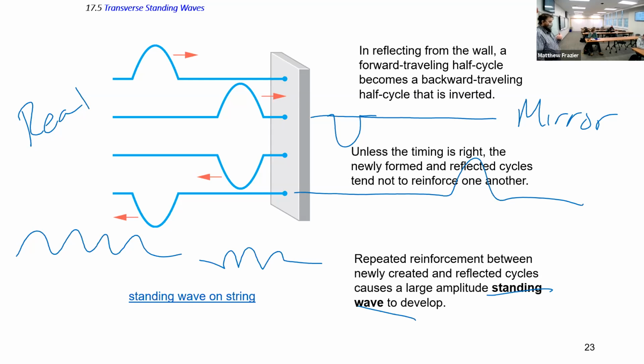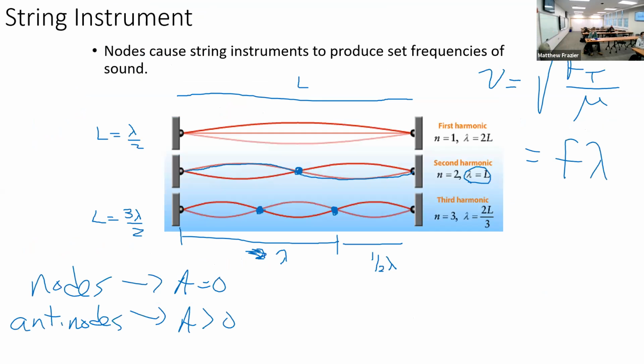The reflected wave interferes with the wave that's continuing to move towards the reflection. And so for certain frequencies, you get resonance. You get that a wave builds, a standing wave forms, that we'll at least try to image later in the slides.